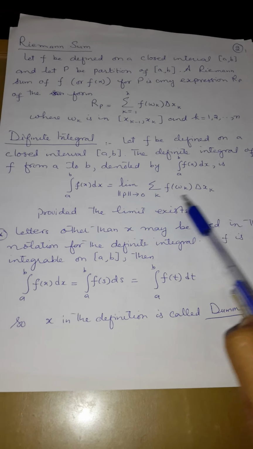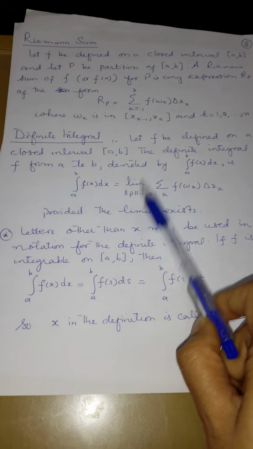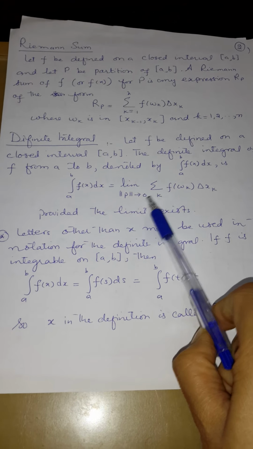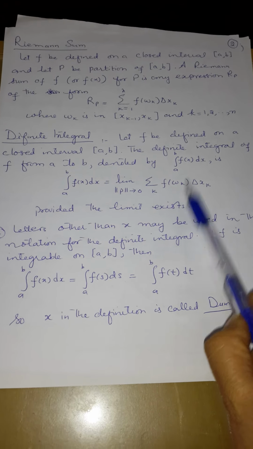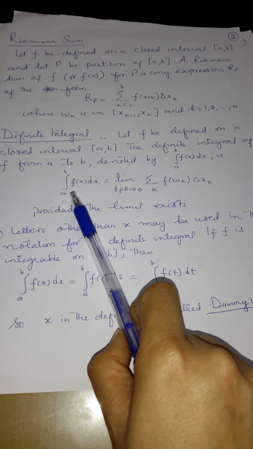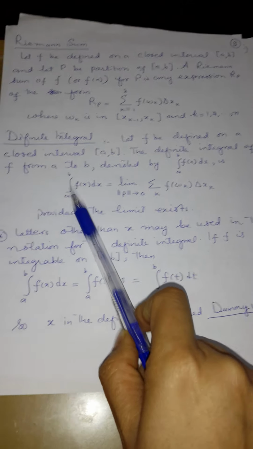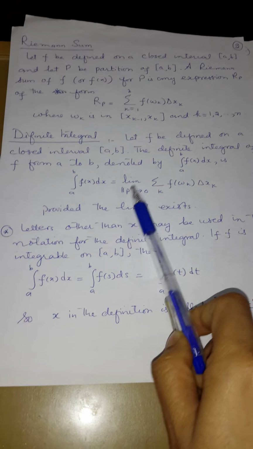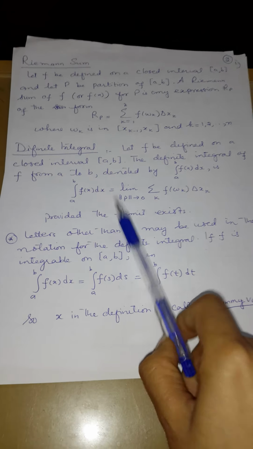When we have the Riemann sum, we apply a limit on this sum. And if this limit as delta x approaches 0 is any definite number, then this definite number is called the area under the curve or definite integral of the function. And this limit must exist in this case.